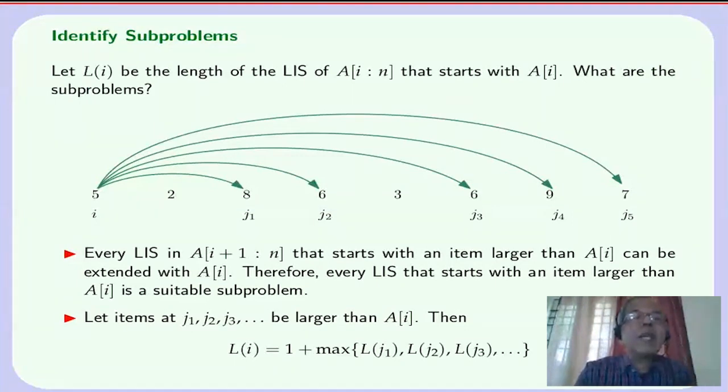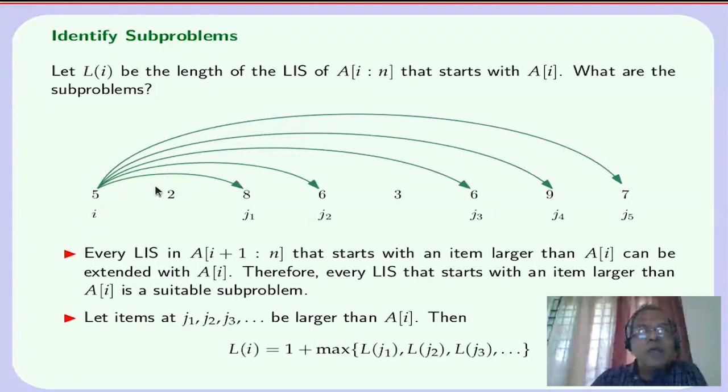Identify the subproblems. Let L of i be the length of the LIS of a i to n, that is, a i, i plus 1, i plus 2 and so on up to n, that starts with a at i. In this example, what is the longest increasing subsequence that starts with 5? What are the subproblems?